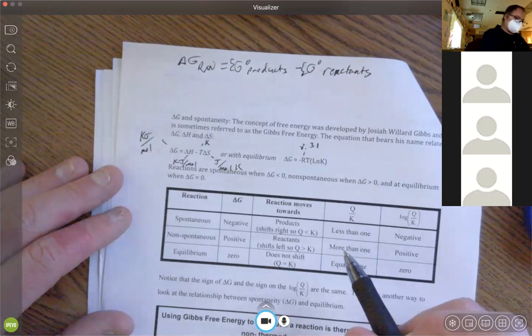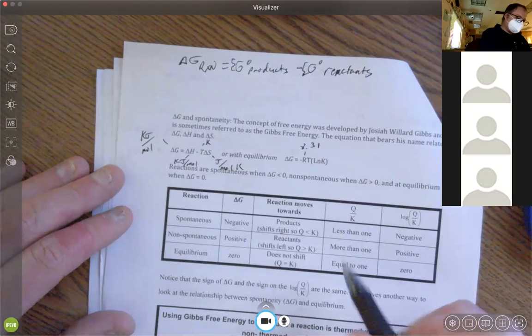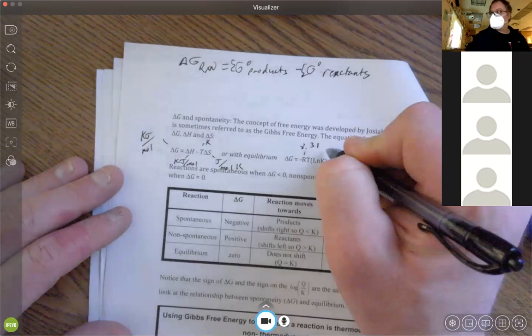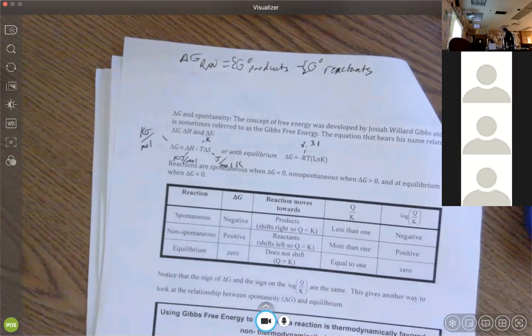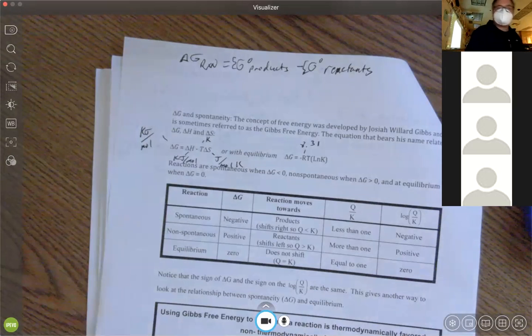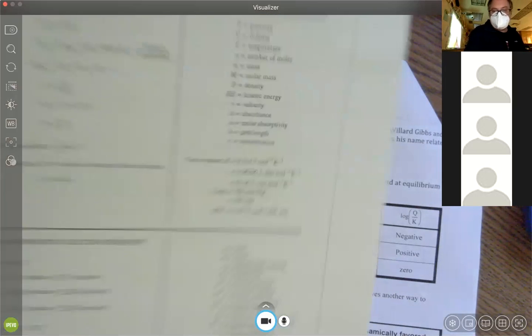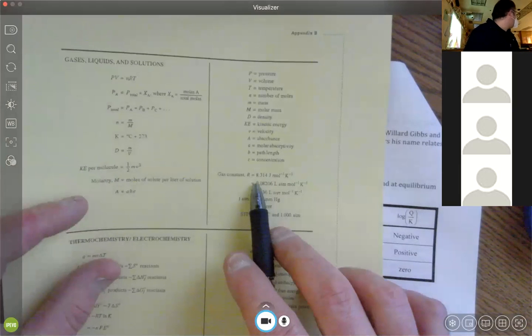Questions there? I want the units of that. This R constant will be given to you on there. This is the one you're used to when you're doing pressure formulas.